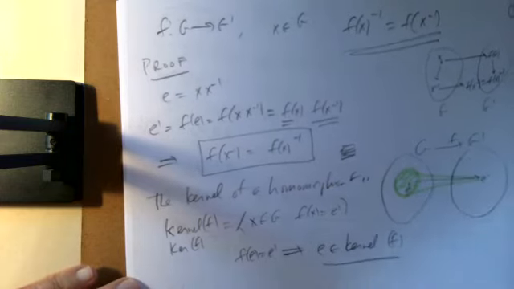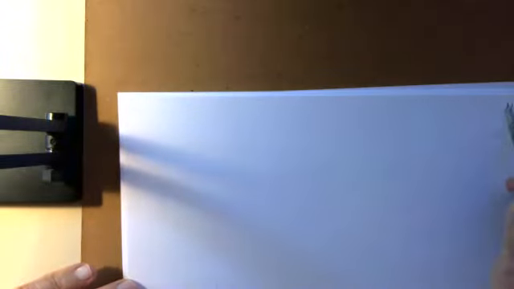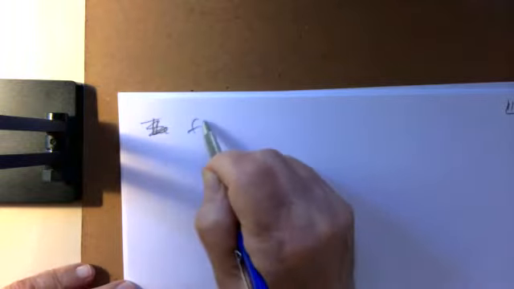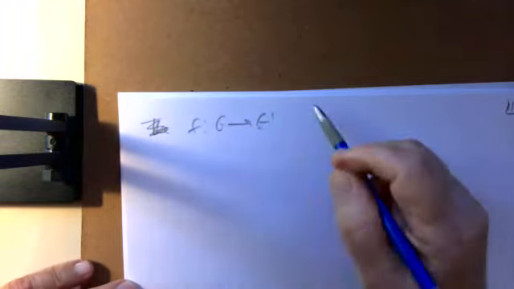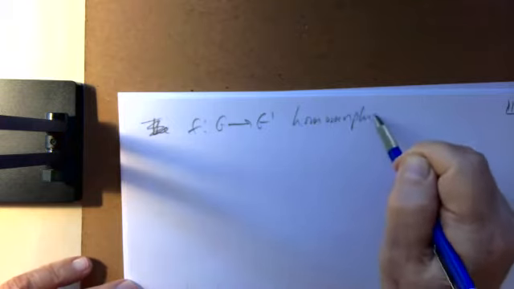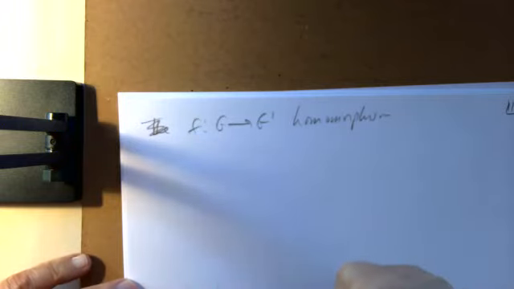And a very important fact is the following. So we have f from G to G prime, a homomorphism of the group G into the group G prime.